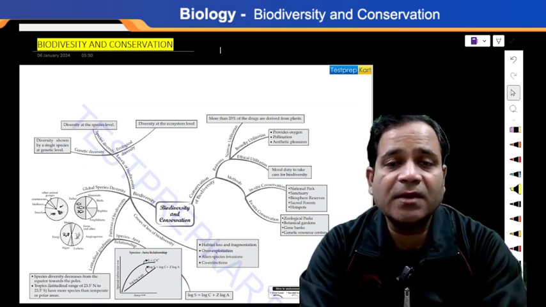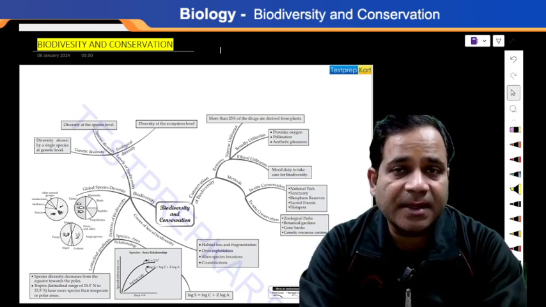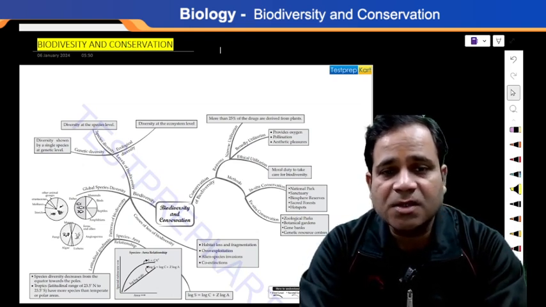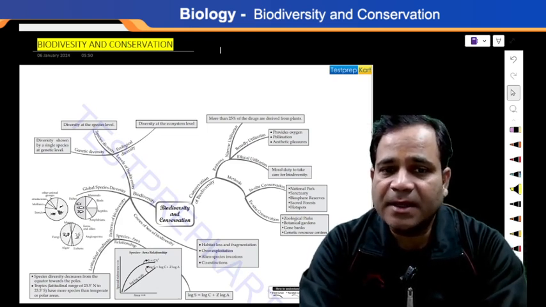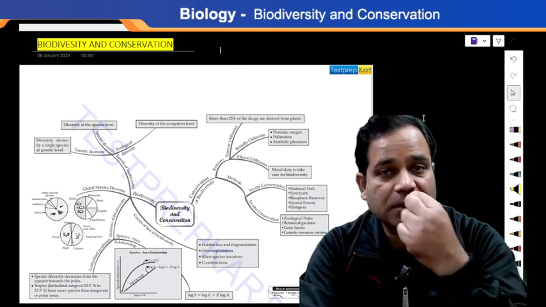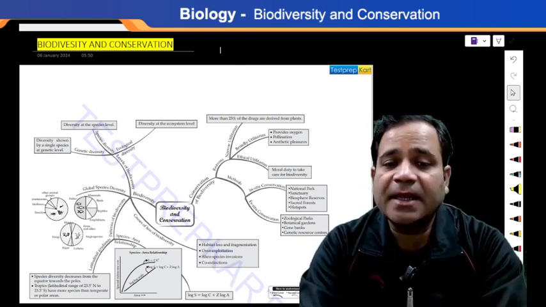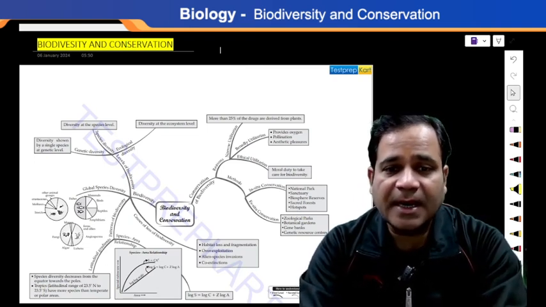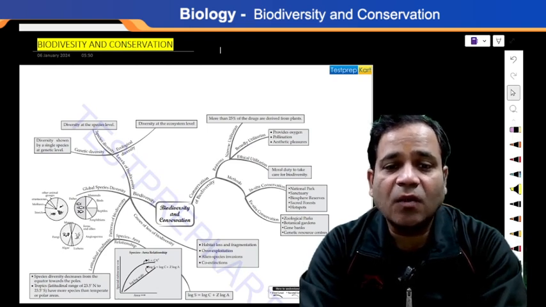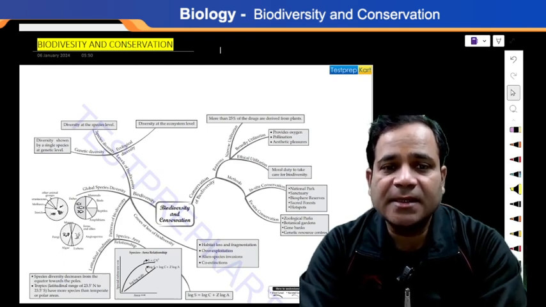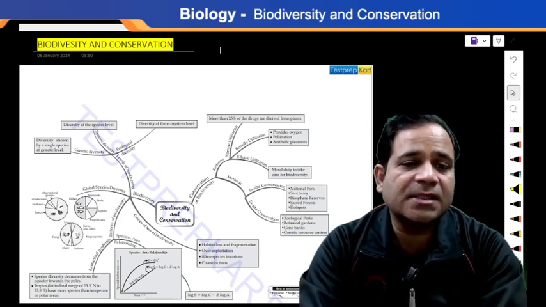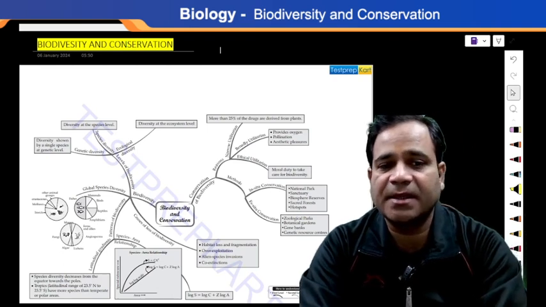But what we observe day by day is the loss of biodiversity. The reasons for loss of biodiversity are habitat loss and fragmentation, over-exploitation, alien species invasions, and co-extinction. These are the various causes of the loss of biodiversity.